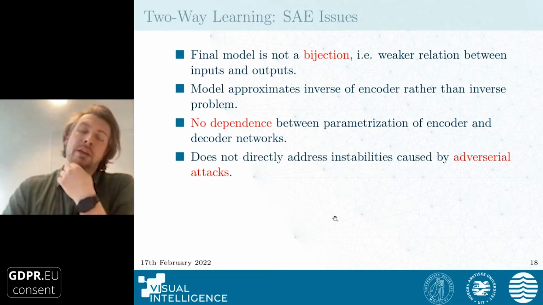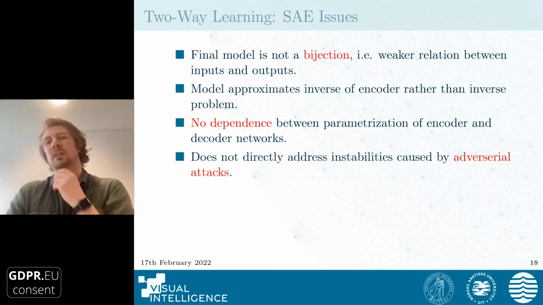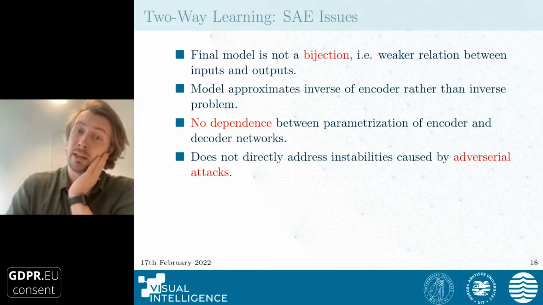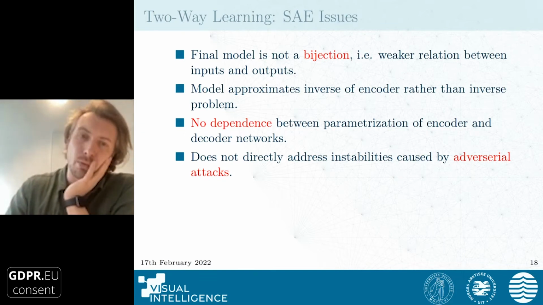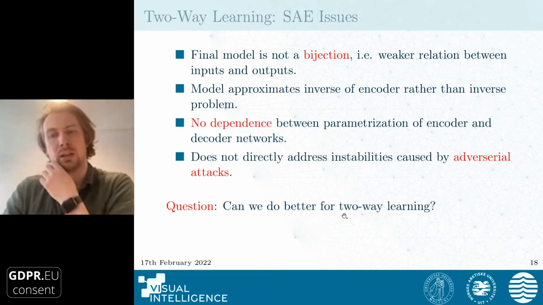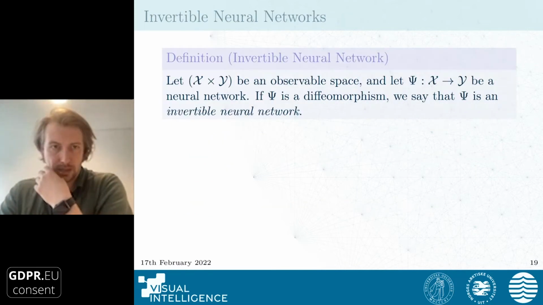And it does not directly address any kind of instabilities caused by adversarial attacks. It does improve robustness in general, but it does not improve robustness to adversarial attacks in any meaningful way. So the question is, is it possible to do better than this for two-way learning tasks?